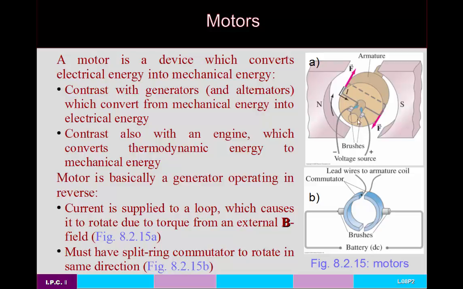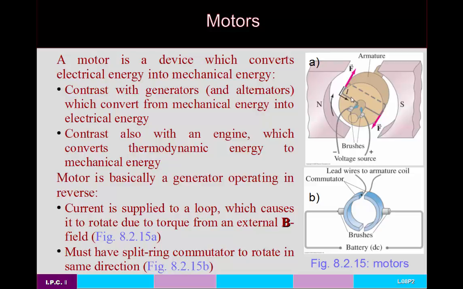And there's again a pair of brushes and split ring commutators, so that as this thing turns over, you flip the direction of the current so that the current is always going in the same direction with respect to the magnetic field. That means the torque is always in the same direction. In this case, we have a clockwise torque.